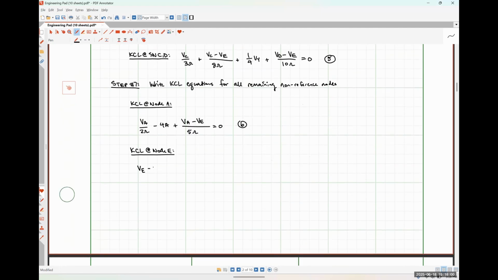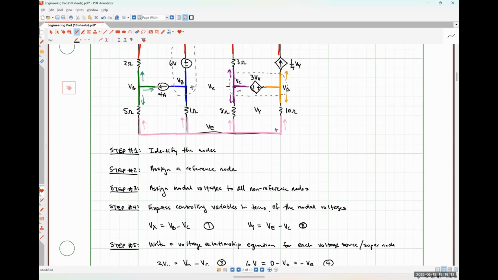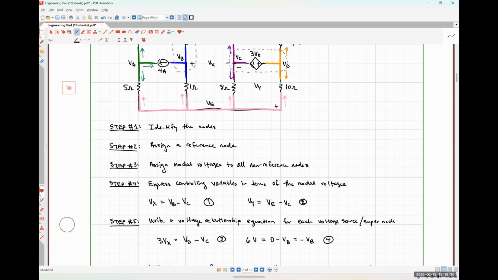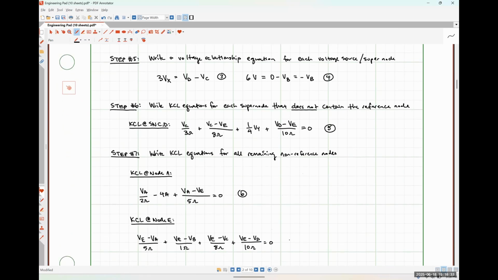So VE minus VA over 5 plus VE minus, I think, VB over 1. Now I'm going to have VE minus VC over 8. And lastly, VE minus VD over, I think it was 10 ohms. Let me just double check that. That is correct. And so there is equation number 7.